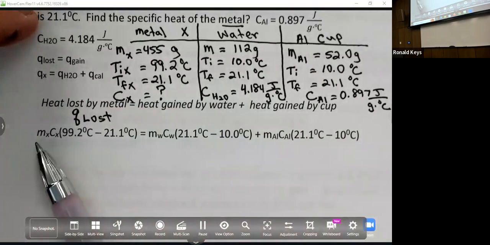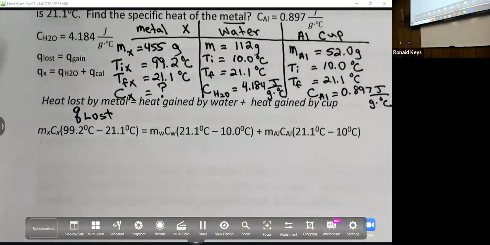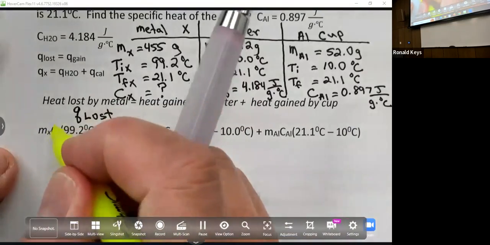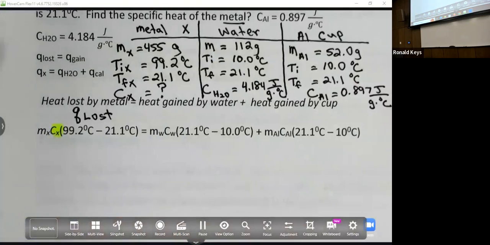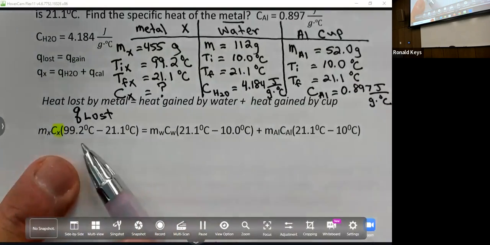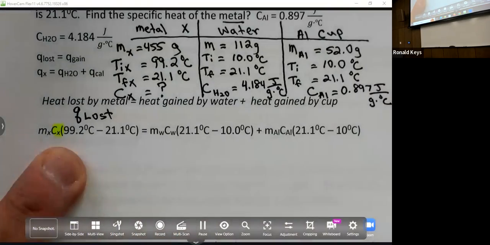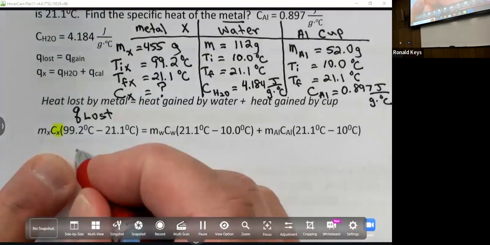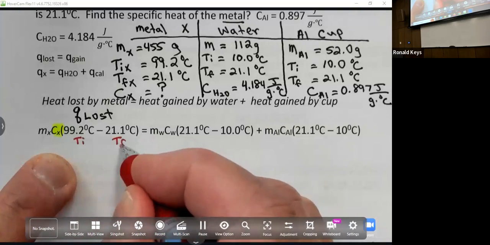So the metal is going to be the mass of our metal, specific heat of our metal, which is what we are solving for, change in temperature of our metal. We made this positive. In this case, this is T initial minus T final.